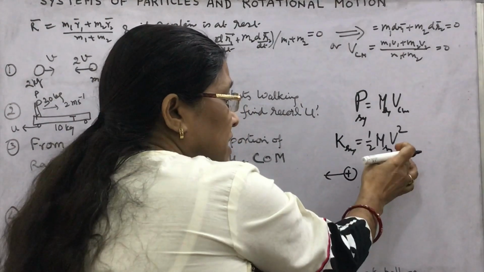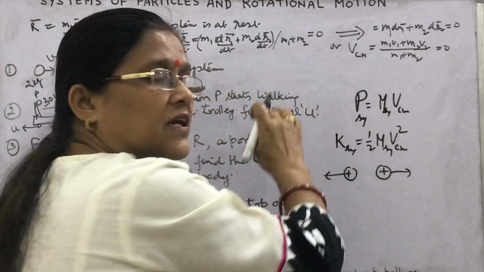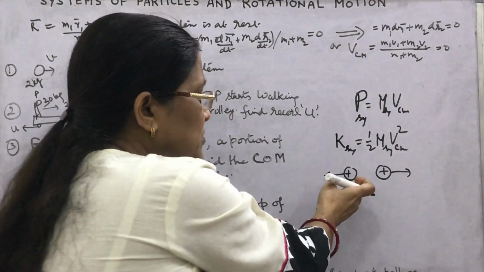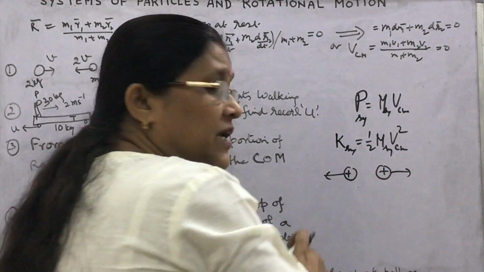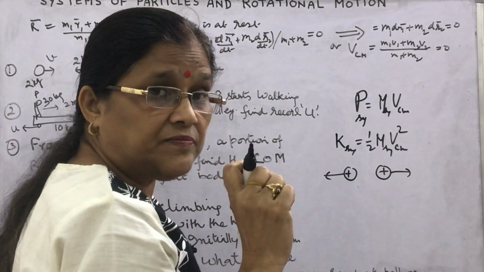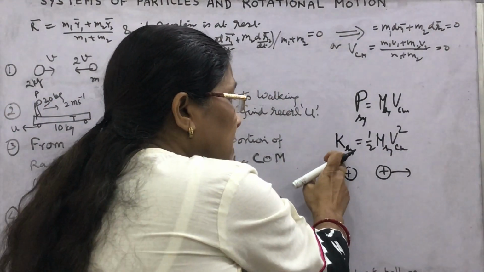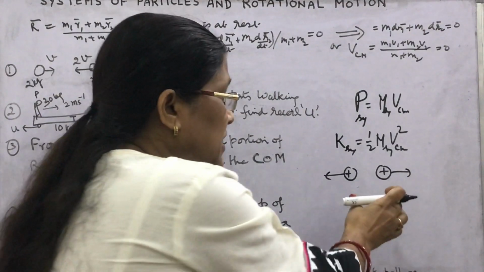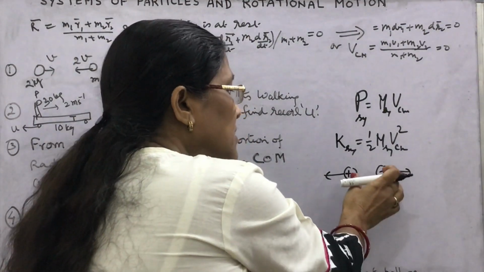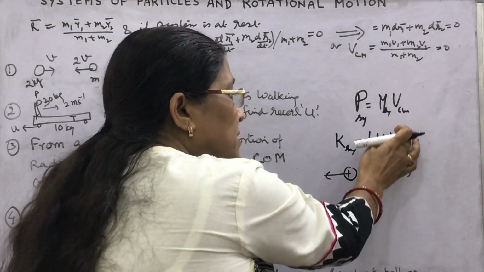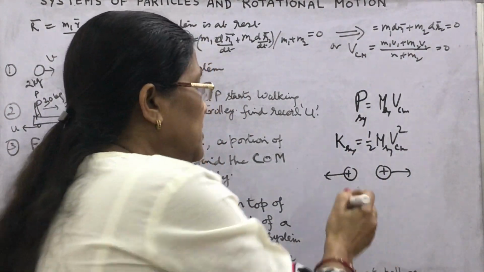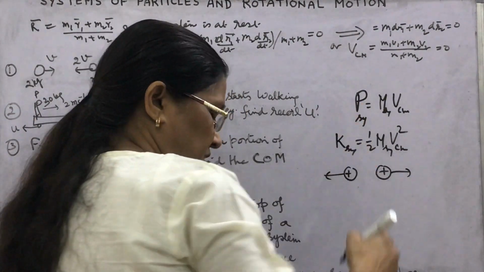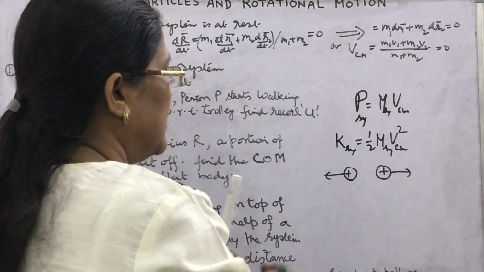You may think that if VCM is 0, kinetic energy cannot exist, but this is possible. Both are moving, but the velocities are in opposite directions. Why? Velocity is a vector, while kinetic energy is a scalar. So VCM will be 0, but kinetic energy will not be 0. So that is not correct; this is correct. Now come to the numericals.